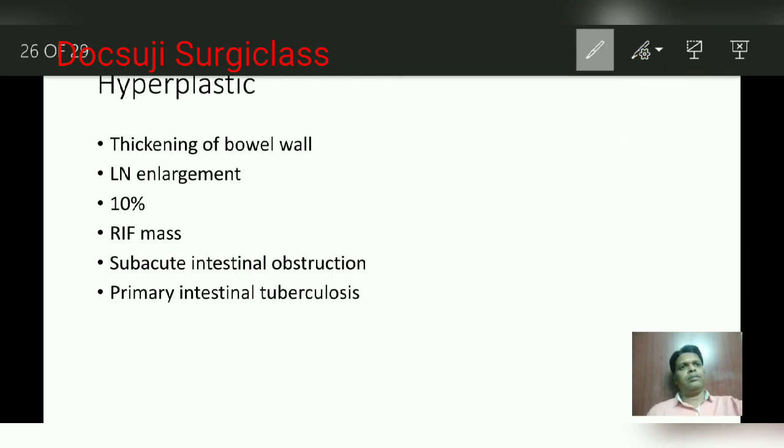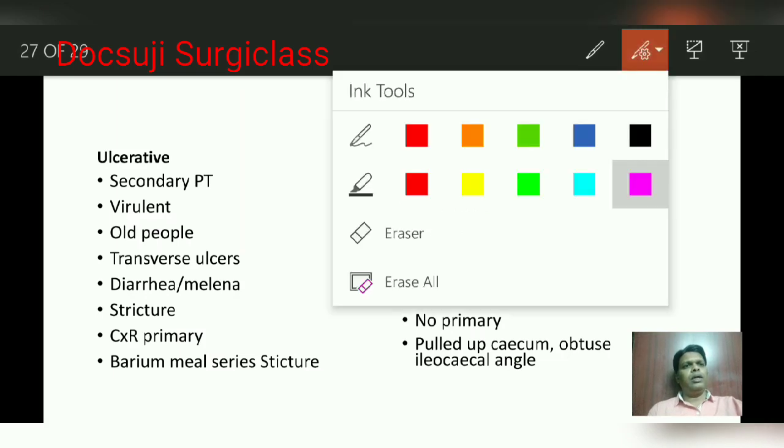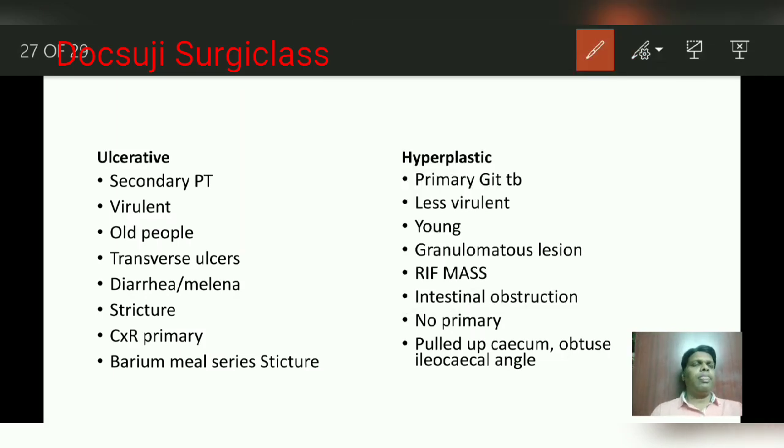Next we are going to discuss the difference between the ulcerative type and the hyperplastic type. The first difference is that the ulcerative type is secondary to pulmonary tuberculosis, whereas hyperplastic is primary GIT tuberculosis.